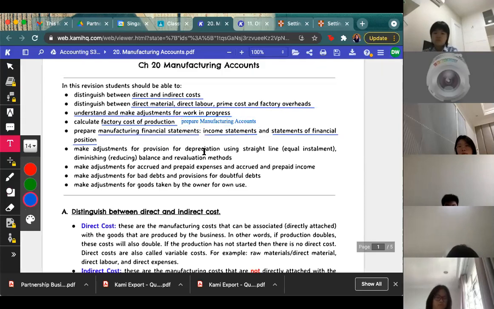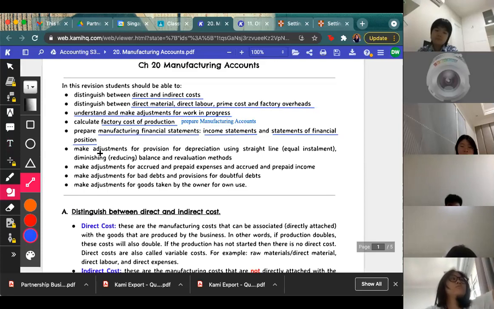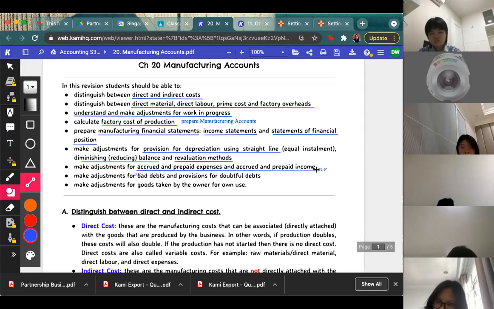So you will have three financial statements. The first one is manufacturing accounts, the second is income statement, and the third is statement of financial position. The rest of it is the same. Make adjustments if you have depreciation, using reducing balance, straight line, or revaluation. Then adjustments for accrued and prepaid expenses and income, adjustments for bad debts and provision, and drawings.